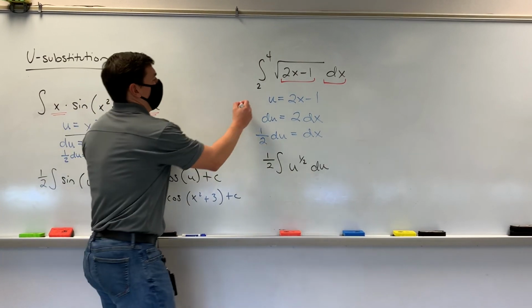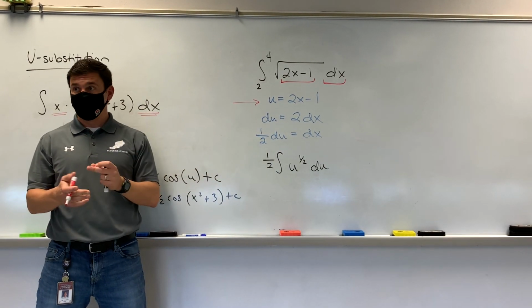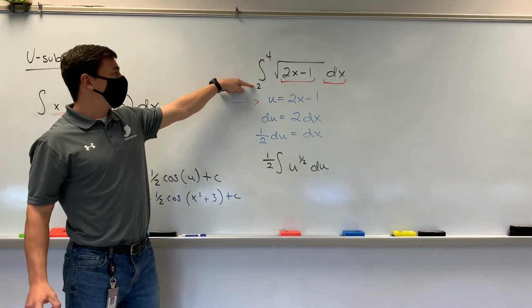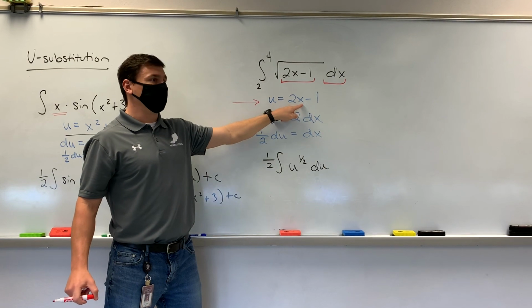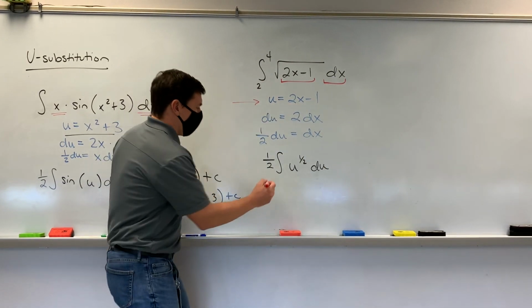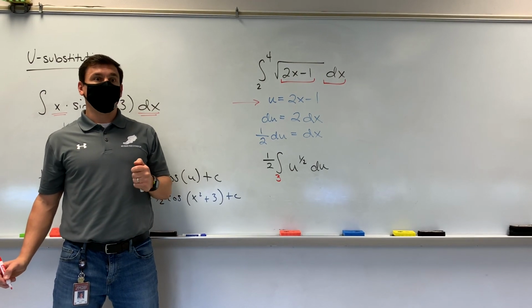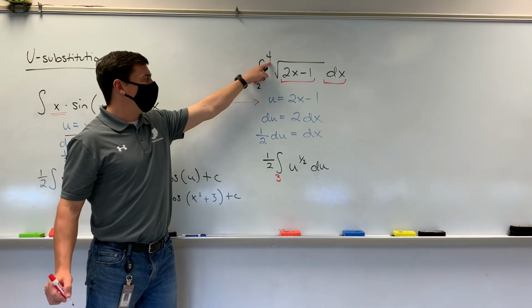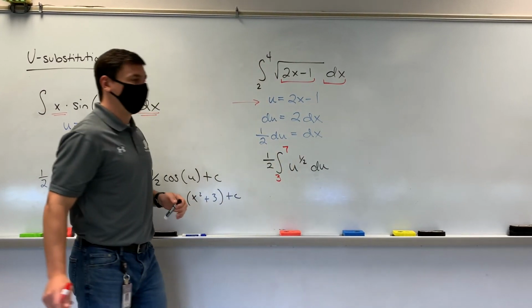To do that, I'm going to use that relationship that I know between U and X. If X equals 2, and I put 2 in for X, 2 times 2 is 4 minus 1 is 3. My new U limit of integration is 3. If I put 4 in, 4 times 2 is 8 minus 1 is 7.